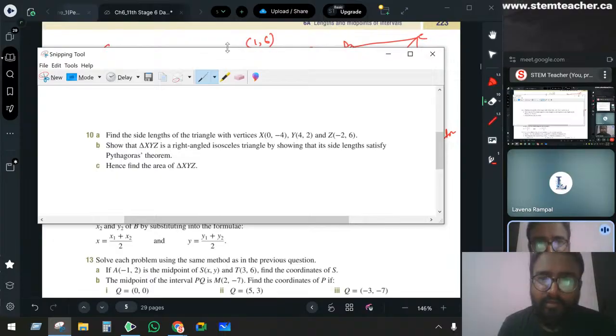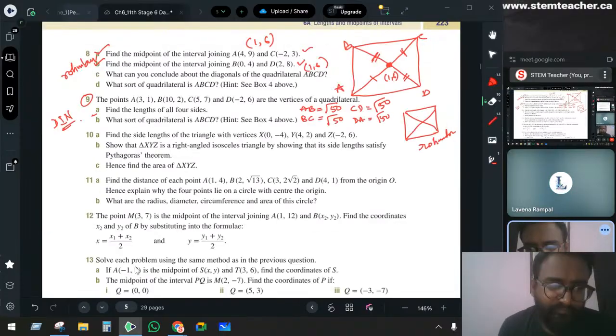Because even Pythagoras theorem provides the areas of triangles also.